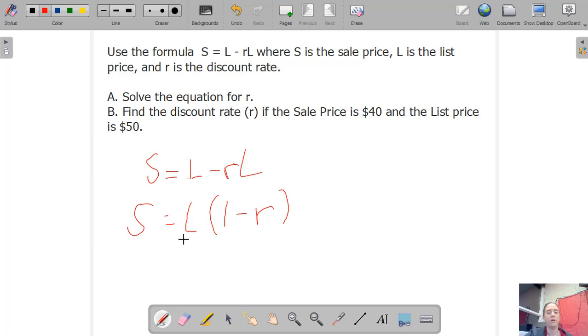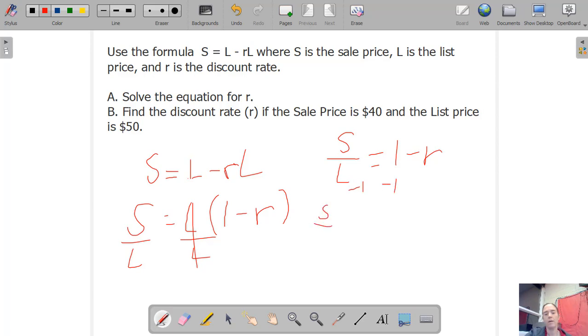Then if I finish solving, I would divide by L on both sides. That would leave me with S over L, and L over L is 1, equals 1 minus R. I still want to get this R by itself, so I'm going to subtract 1 on both sides.